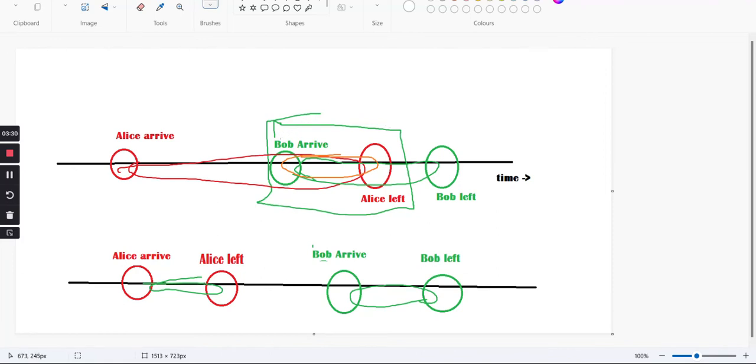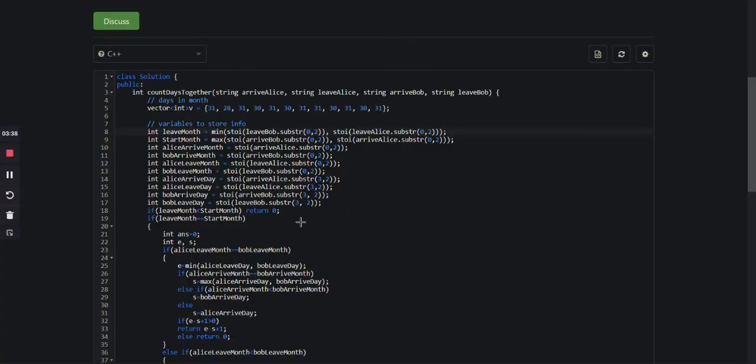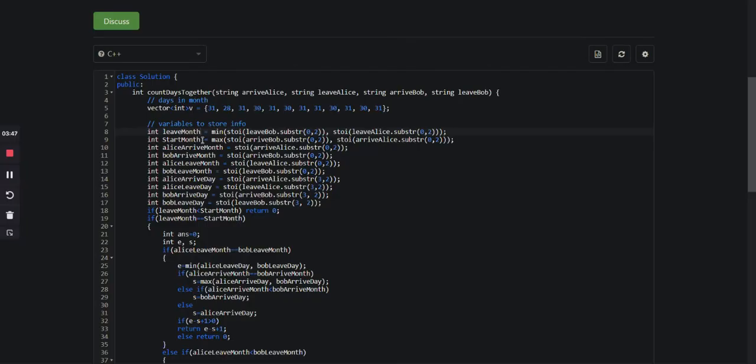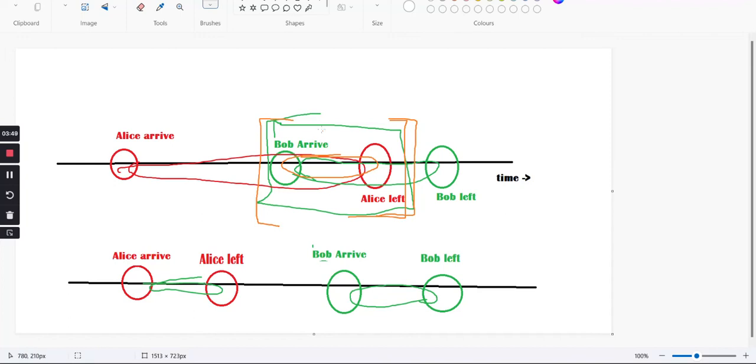It starts from the one who arrives late and goes to the one who leaves early. So leave month will be the end of the interval, the one who leaves early. In this case, Alice left early. Similarly, the start one will be the one who arrives late. In this case, Bob arrives late. So we get the endpoints of the interval.